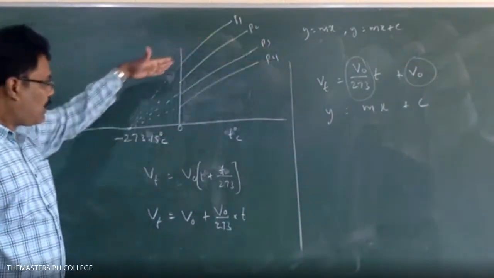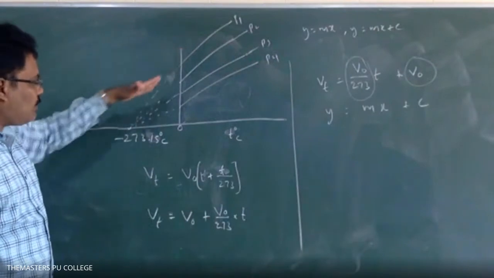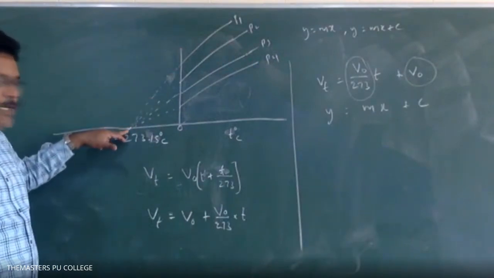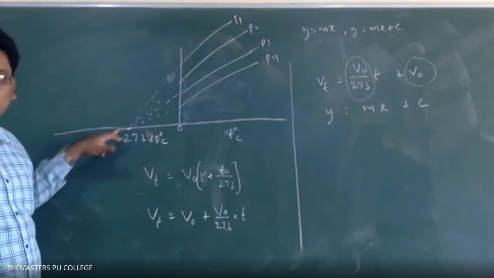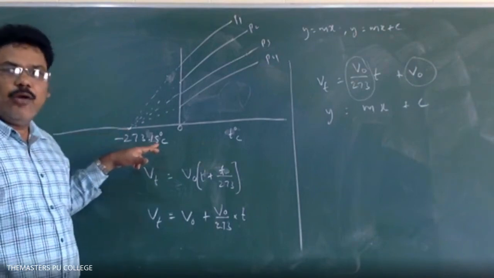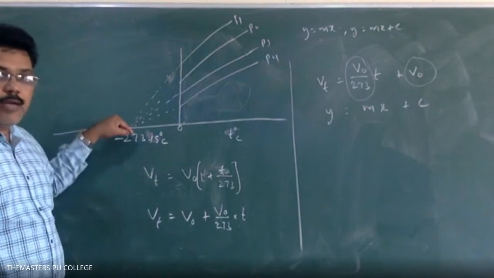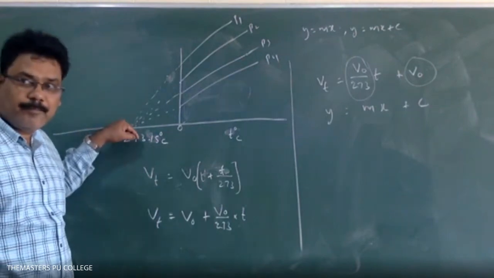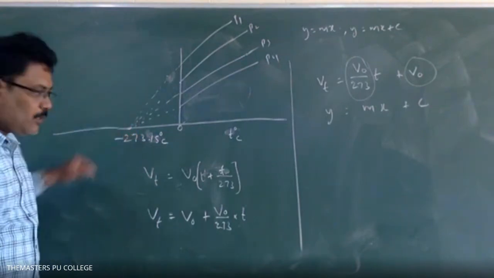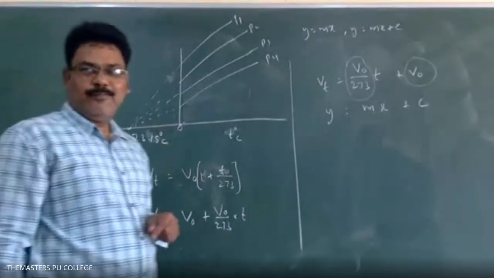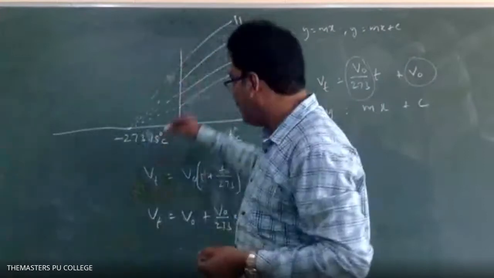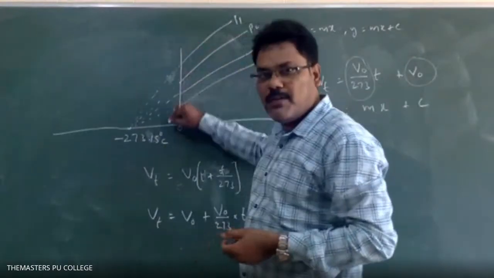When you expand the straight lines, they meet at a certain point, that is the temperature minus 273.15 degrees Celsius. At this temperature, what is the volume of the gas? It is 0.